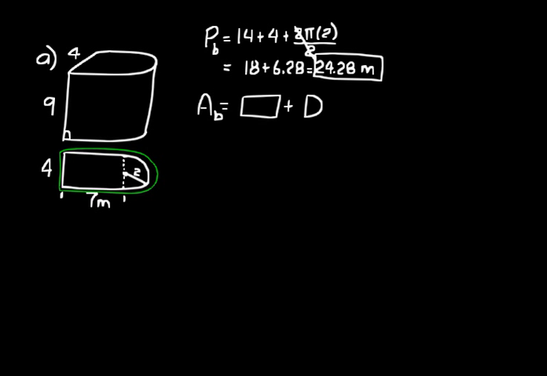So we have a side of 4 and 7 on the rectangle, so that would be 28. 4 times 7 is 28. And then half of a circle. Well, we need to think of our formula for the area of a circle. Pi times the radius, which is 2, squared, divided by 2 because it's half of a circle. That's why we divide by 2. We're just looking at half of a circle.